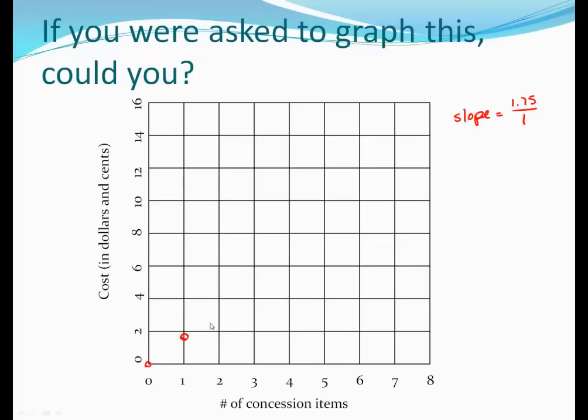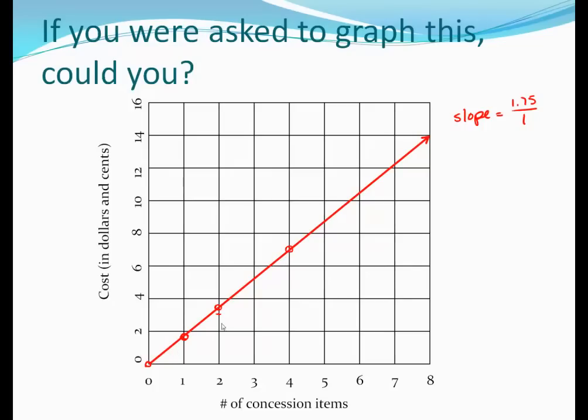And then 2 would be 3.50, so that should be somewhere in this area. We determined that 4 items was $7, so that should be somewhere in this area. Notice those points form a line, hence it's a linear function. So let's see how I did here. Bam, right through them.